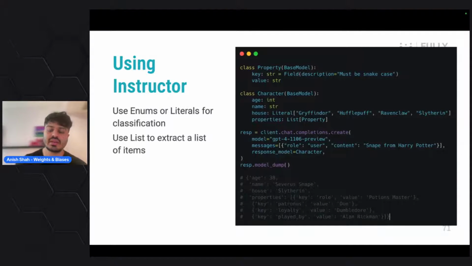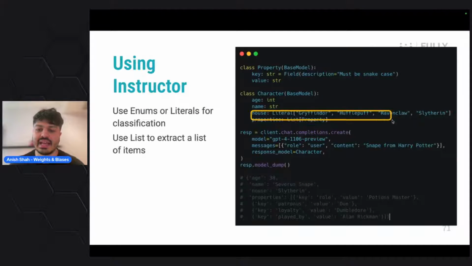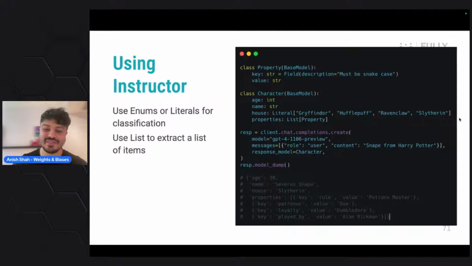And one thing that's also really nice is that because Pydantic is typed, we utilize the typing very strictly in Instructor. So not only can you say things such as age, name, you can also say things such as provide a literal answer where the options are either Gryffindor, Hufflepuff, Ravenclaw, or Slytherin for a Harry Potter character creator, for instance.